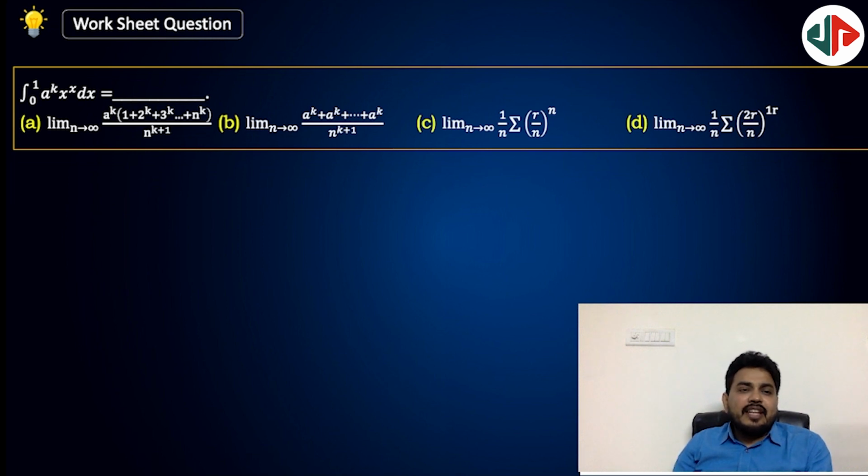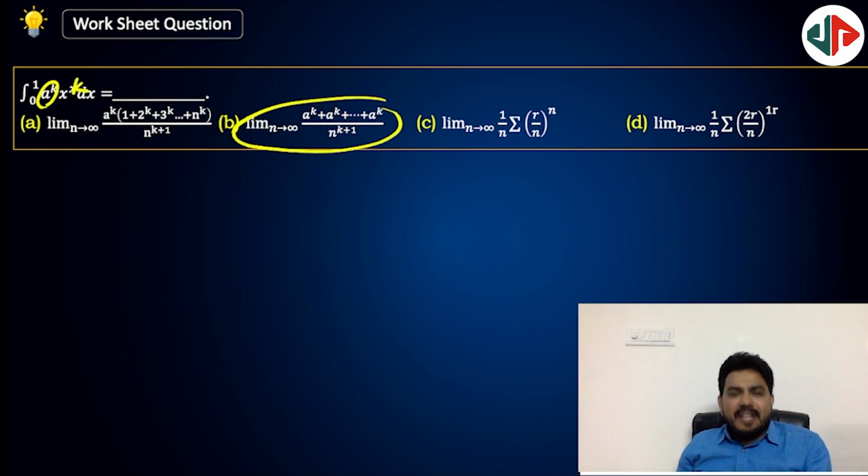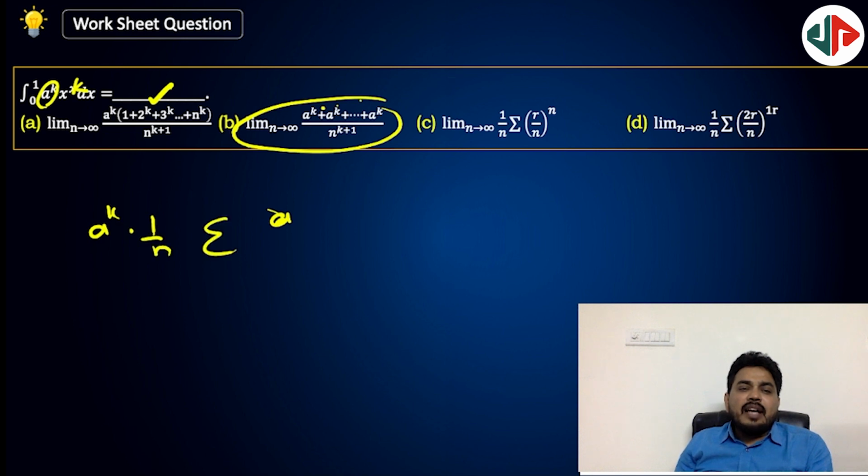So here you can take a power k outside, and what are the other things you are going to do? So you look at here, I think this x to the power of k should be there. No, a power k is there, I will take this one. Why? Because here a power k into 1 by n into sigma r by n power k is there.